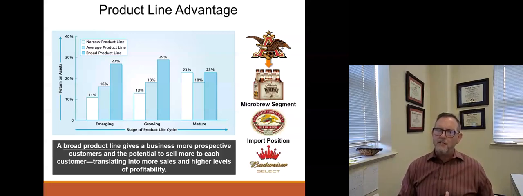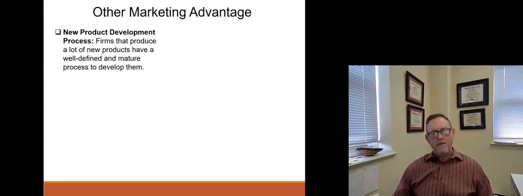But in the early stages, if you're first launching a product, having a wide array of products in your product line is more efficient. So that's one of those ideas. But remember, there are other elements, and these just list a few. This is not exhaustive by any means.